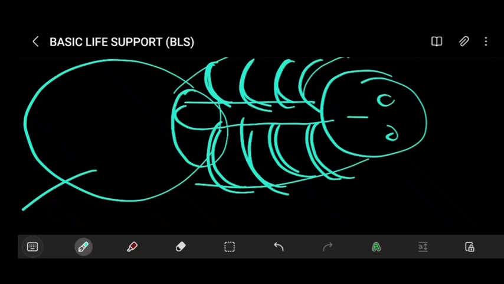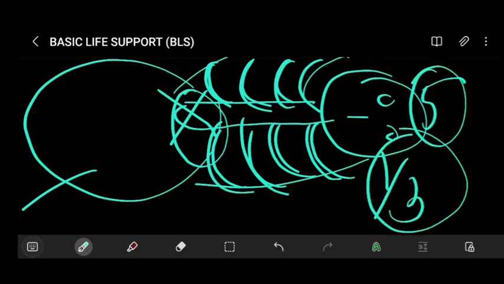We have to press over the lower one-third of the sternum. In adults it is 5 cm, and in a child, one-third of the chest circumference. You have to press and allow the chest to recoil.